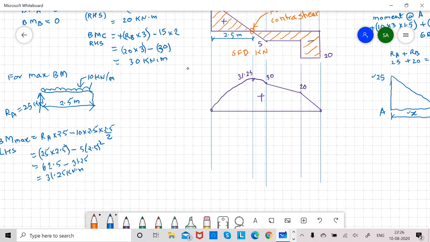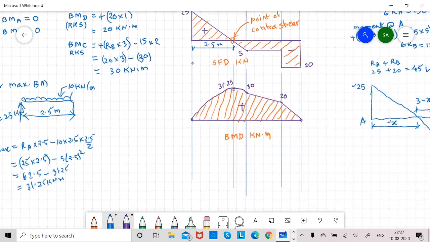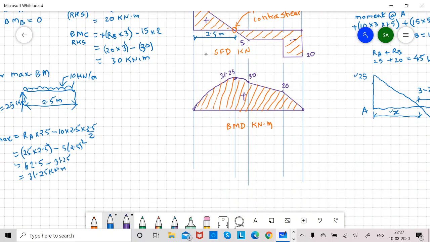Then shade it. BMD, kilonewton meter. Remember, from A to C, it is a parabola.